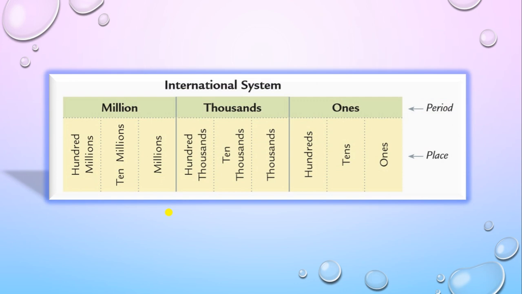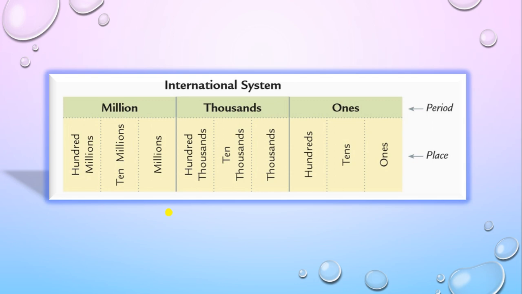Let's see the place value chart for the international system. In this, we have ones period, thousands period, and after that millions period. In the ones period, there is ones place, tens place, and hundreds place. In the thousands period, thousands place, 10,000s place, and 100,000s place.